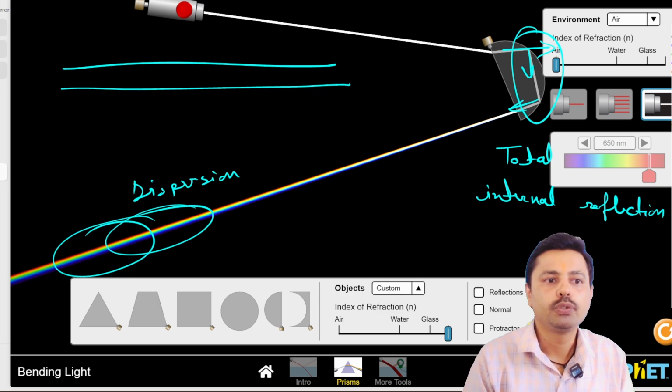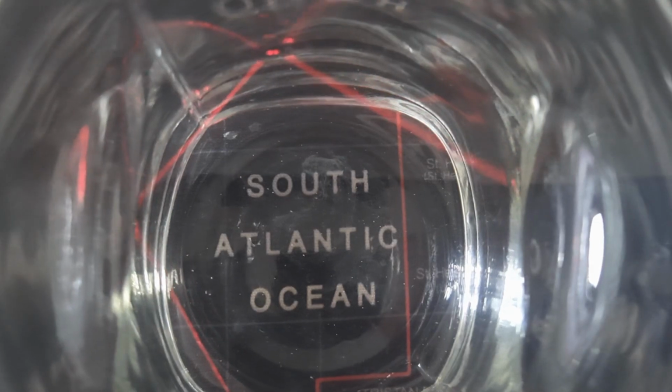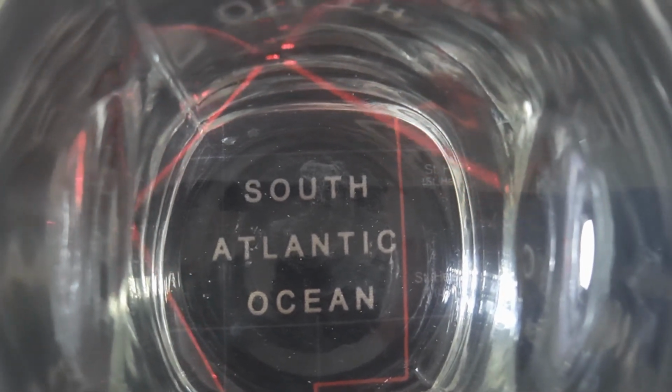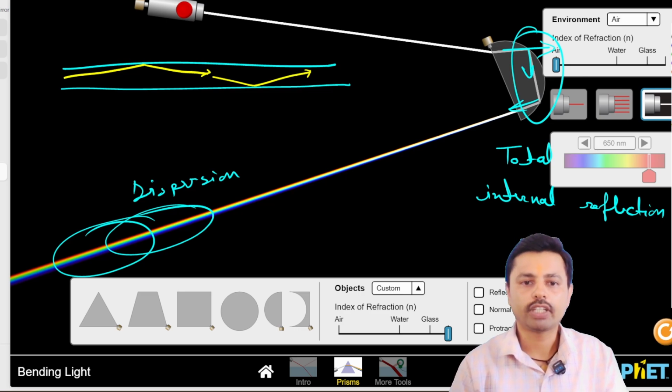Due to the different density inside the cable, it will not go outward but will get reflected inward, and then this light passes the signal. Since light is the fastest thing in the world, maybe in the universe, it transfers the internet very fast. That's why it is called optical fiber.